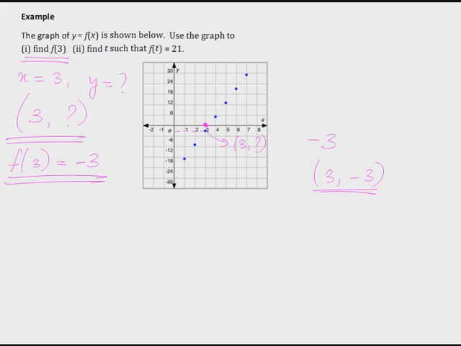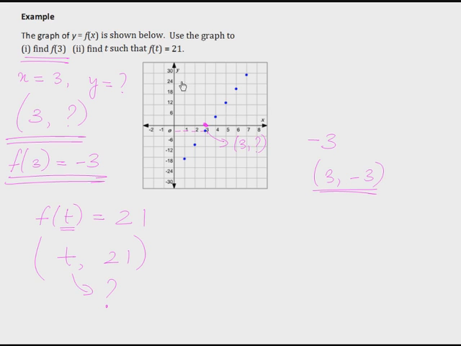Find t such that f(t) equal to 21. What have they given me? They've given me the y-coordinate and I have to find the x-coordinate, which is called t in this case. So the ordered pair has been given as (t, 21) and t has to be found. So I know the y-coordinate is 21.